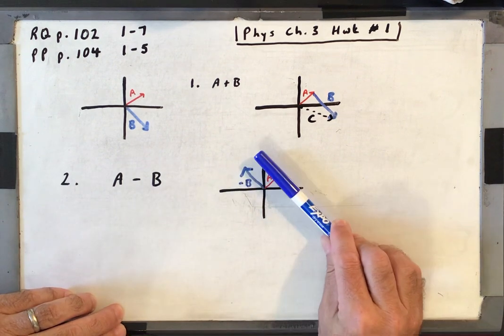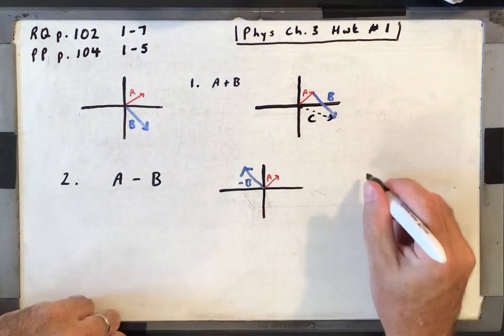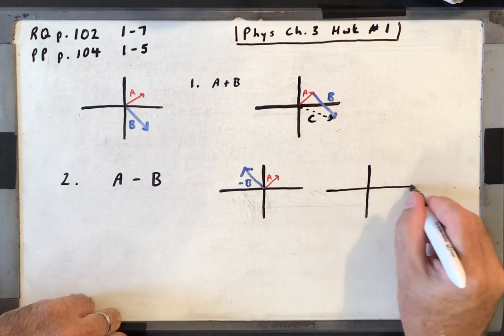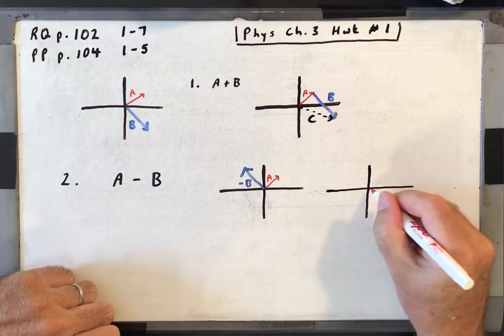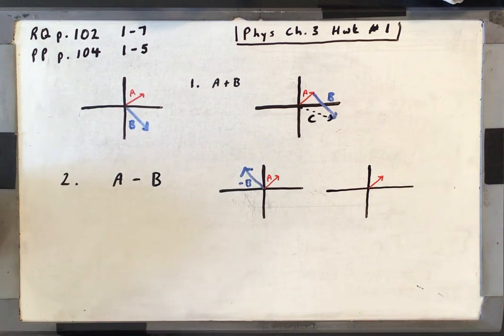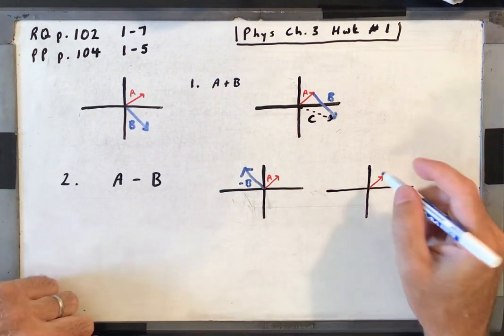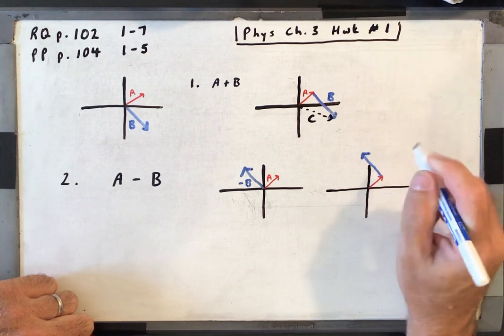Now we're going to slide it over just like we were adding them. Okay. If I slide vector B over, something like that.